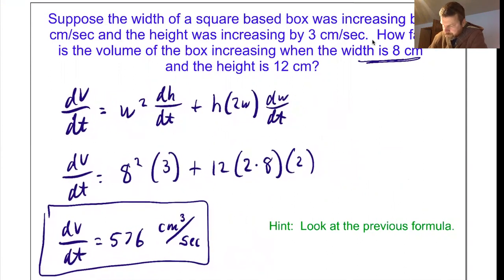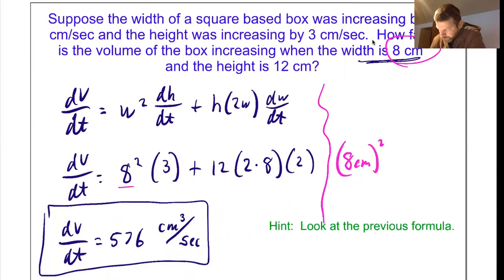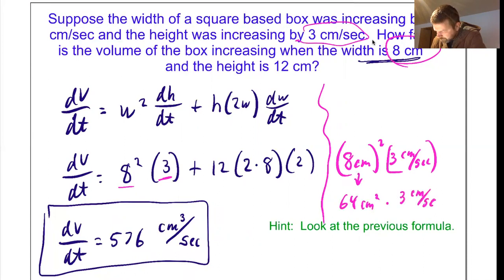So let's see here. All right. So if instead of just putting in 8, it was again 8 centimeters. So if I did 8 centimeters squared, and 3 was a rate, that was dH/dt, that was 3 centimeters per second. Well, if I square this one, that'd be 64 centimeters squared times 3 centimeters per second.